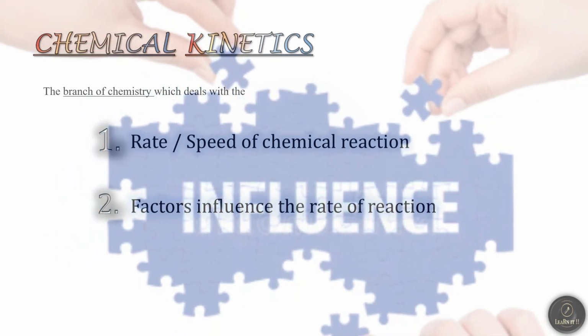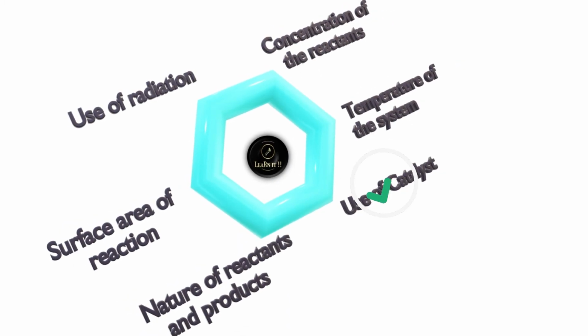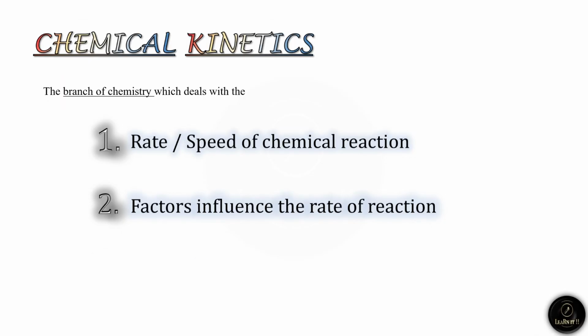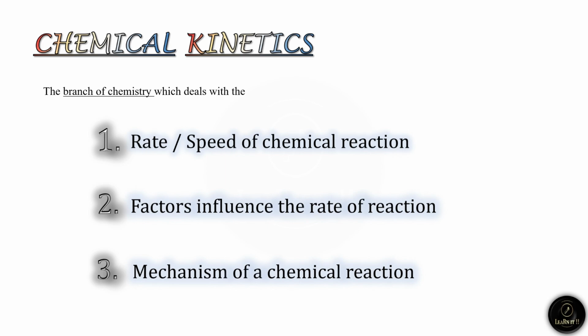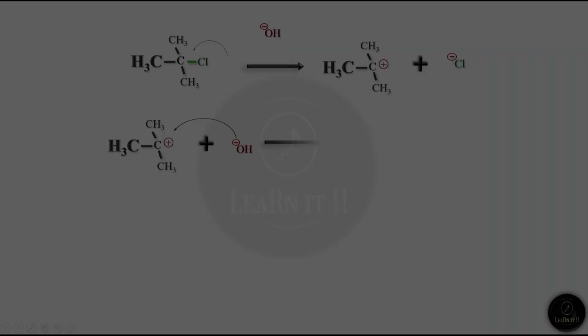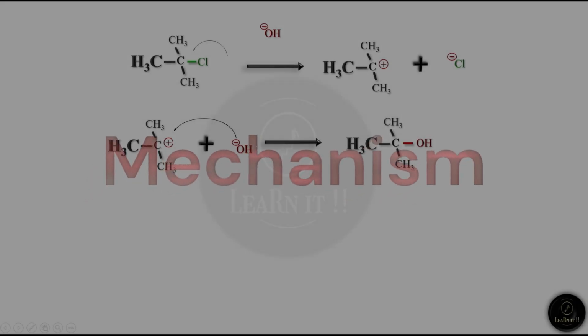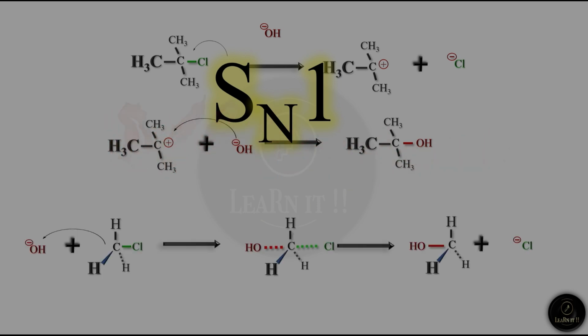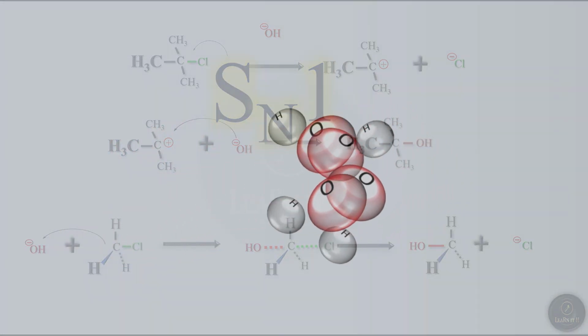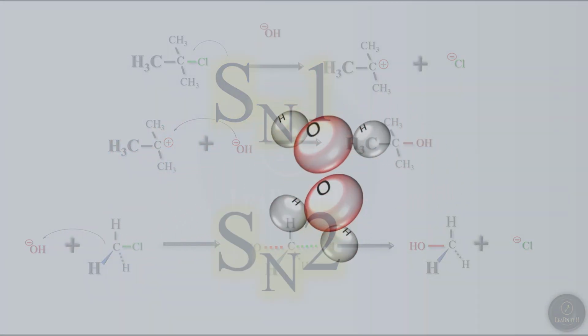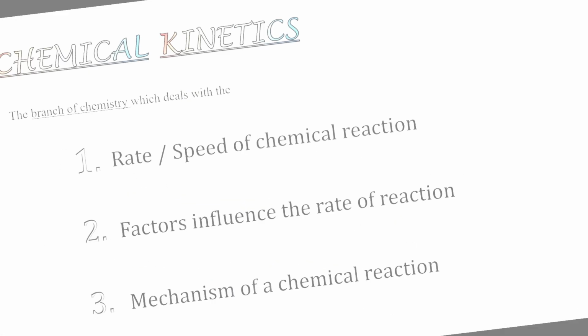It is influenced by many factors like temperature, concentration, presence of catalyst, etc. The third important part of chemical kinetics is understanding the mechanism of the reaction. It means how the molecules actually collide and rearrange to form products.